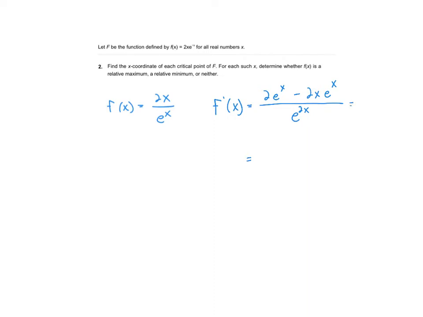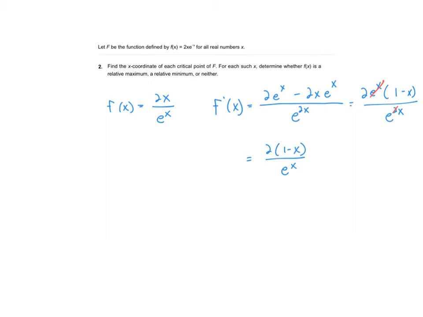Actually, I'm going to factor out a 2 e to the x, and we're left with 1 minus x. Okay, and then you could see this e to the x will cancel out with one of the e to the x's in the bottom. This will be 2 times 1 minus x over e to the x.